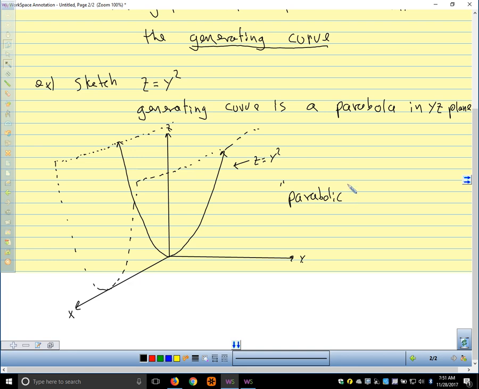The trough is not a mathematical term, but if you put that on the test, that would be fine. But the technical name for this would be a parabolic cylinder. And we're talking about the surface, just this parabolic surface.